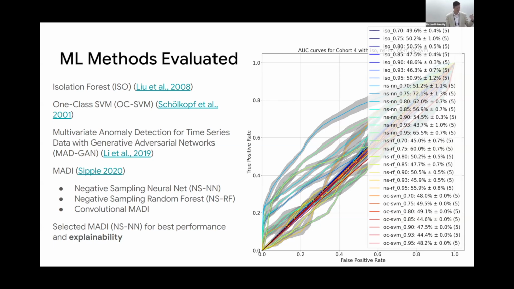And then we looked at MADI, which is multivariate anomaly detection with interpretability. And here are the AUC curves from the various configurations and the various different algorithms. And you can see, just by looking at the AUC curves, we're not getting 0.9 or anything like that. We're getting detectability, but kind of on the edge of detectability.